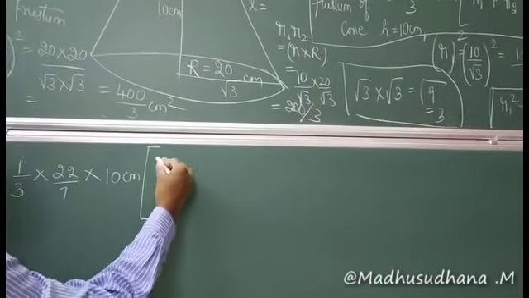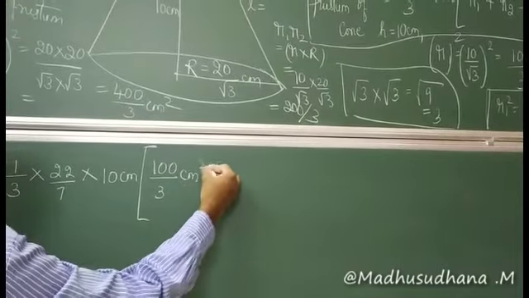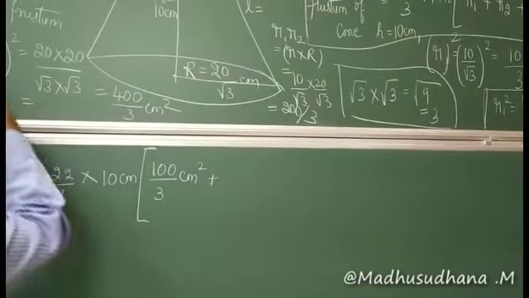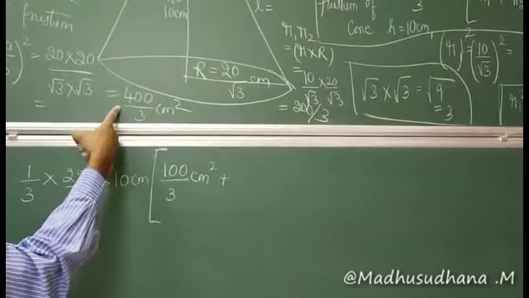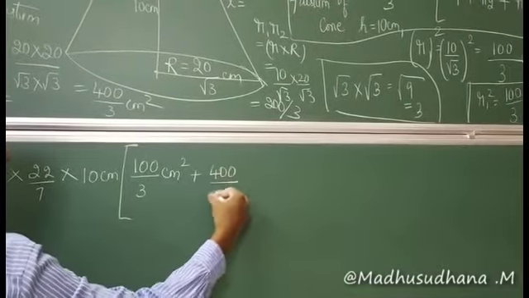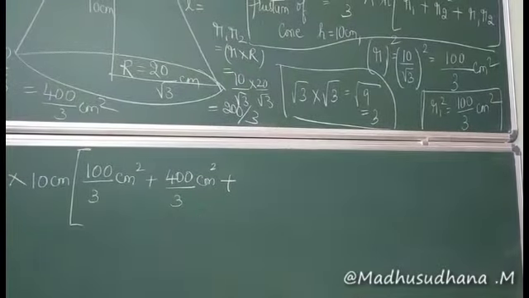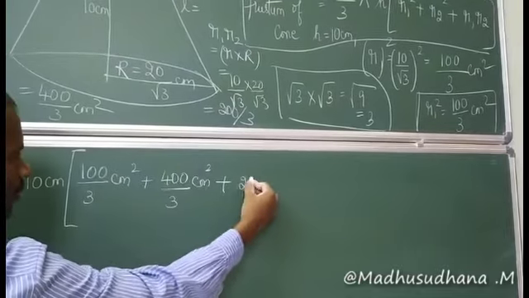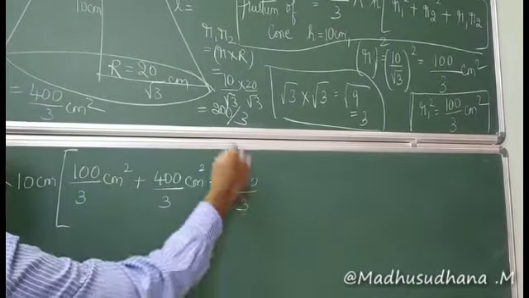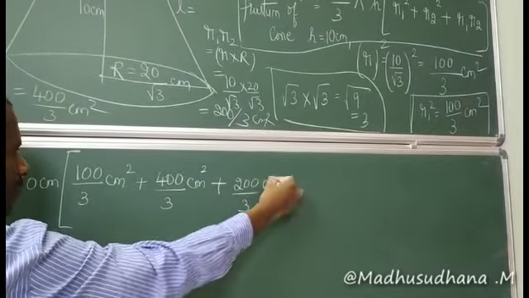R1 square is 100 by 3 centimeters square. R2 square we have 400 by 3 centimeters square, plus r1 r2, we have 200 by 3 centimeters square.